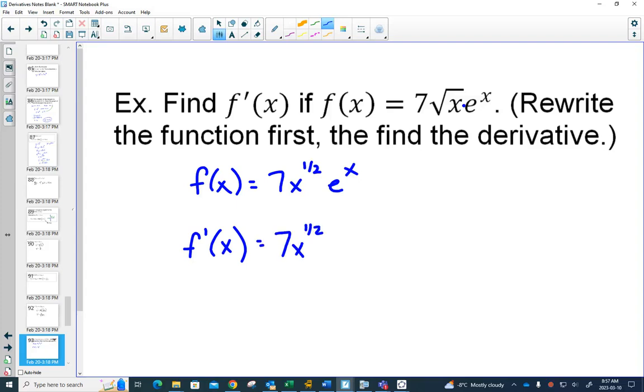You keep one the same, and then you change the second one by doing its derivative, which also stays the same. Plus, keep the other one the same, times by the derivative of the first one.